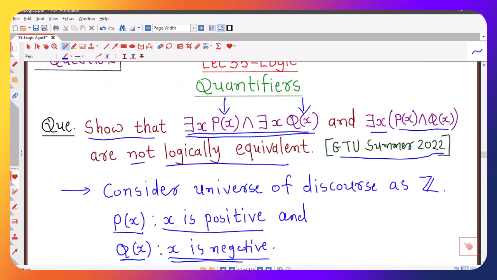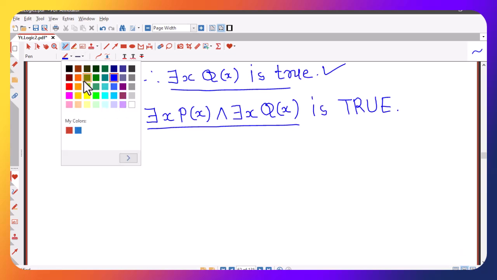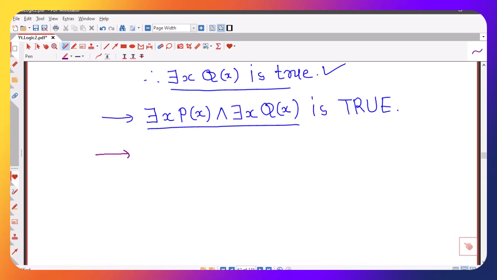Now we check for another part. We have the same notations p(x) and q(x), and now we have to check whether this is true or not. So first we write down what p(x) and q(x) are. p(x) is x is positive and q(x) is x is negative.